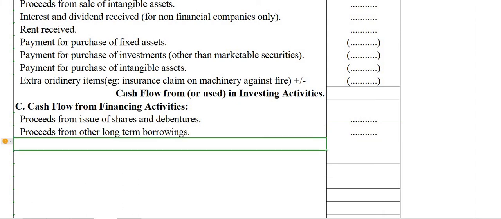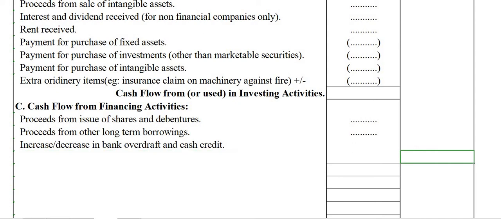Next, increase or decrease in bank overdraft and cash credit. Bank overdraft or cash credit. For example, our bank overdraft normally will be shown under the head current liabilities, but here for cash flow statements preparation, we will not mention bank overdraft as a current liability.